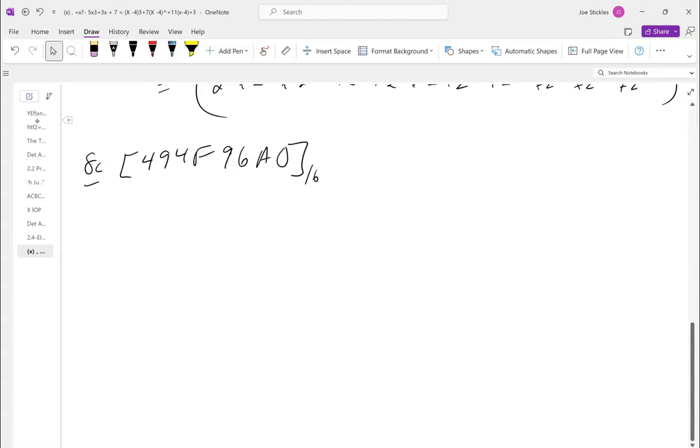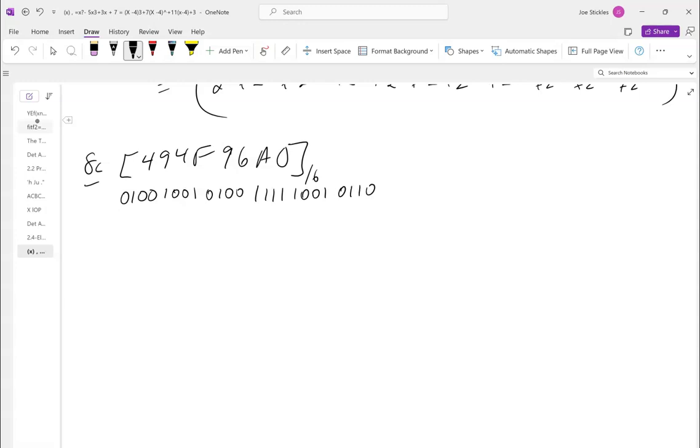First step again is what? Okay, convert each of your digits to binary, right? 4 is what? Good. 0, 1, 0, 0. 9 is 1, 0, 0, 1. 4 we just said was 0, 1, 0, 0. F is all ones. 9 is 1, 0, 0, 1. 6 is 0, 1, 1, 0.